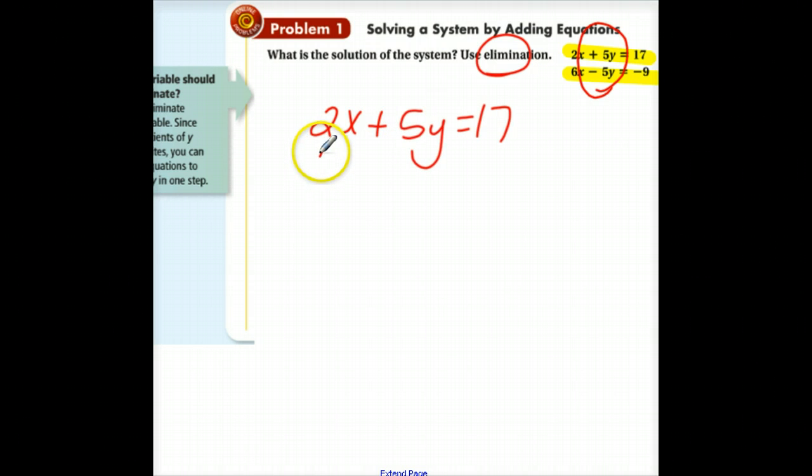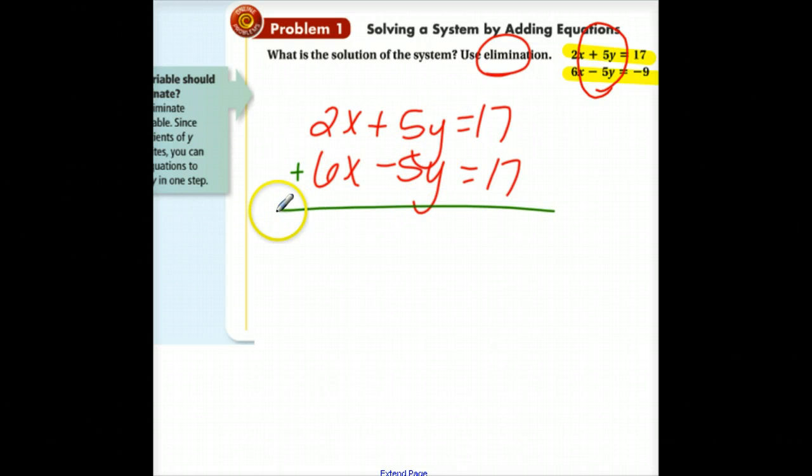Here's what I mean. I'm going to rewrite these equations. Right here, my positive 5y and my negative 5y, if I were to add these 2 equations together, 5 plus a negative 5 would cancel out. I now have 0y. I have eliminated the y's from these equations.